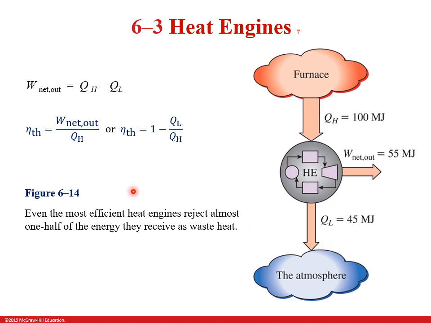The point is that we can calculate this efficiency based on these numbers, and even the most efficient heat engines reject almost 1/2 of the energy they receive as waste heat. This is just a fundamental problem in application, when you're trying to make a heat engine, that you wind up wasting almost half the energy that you get as waste heat.